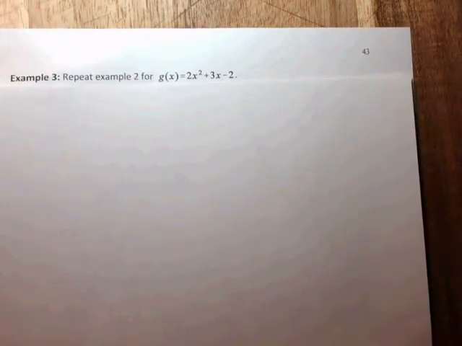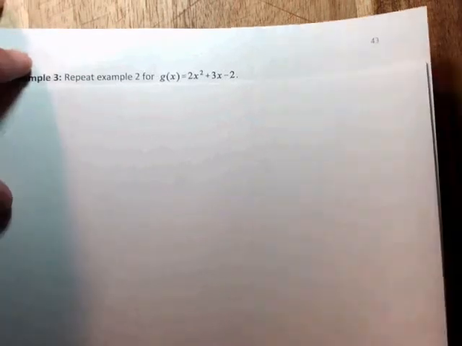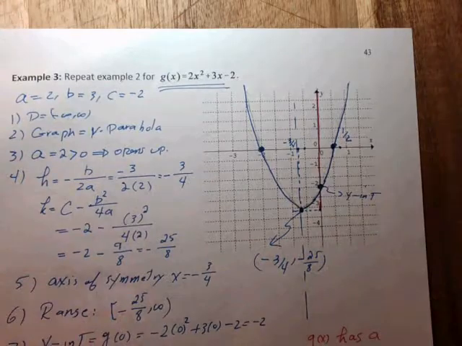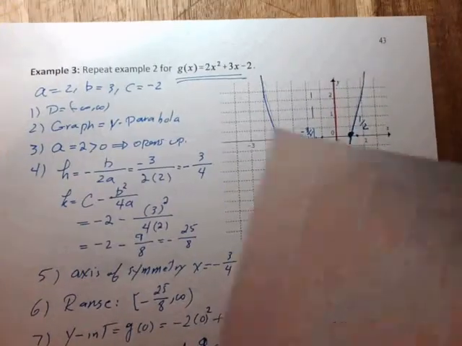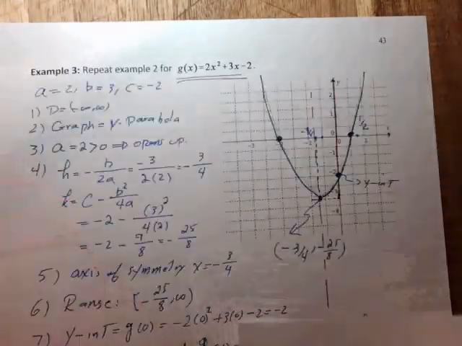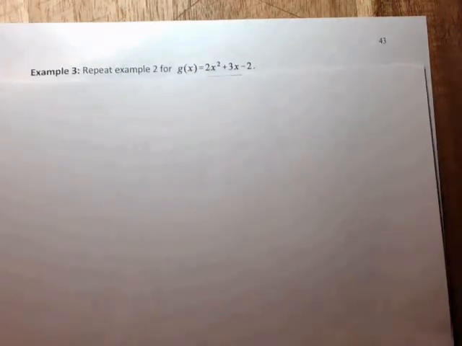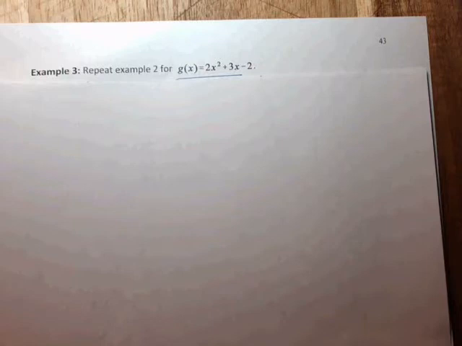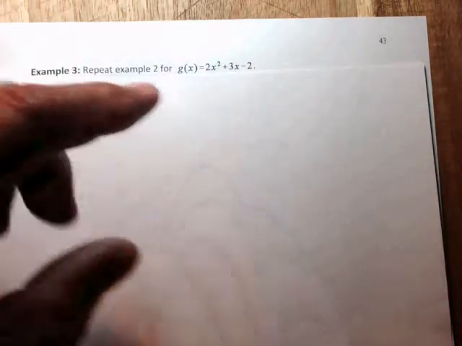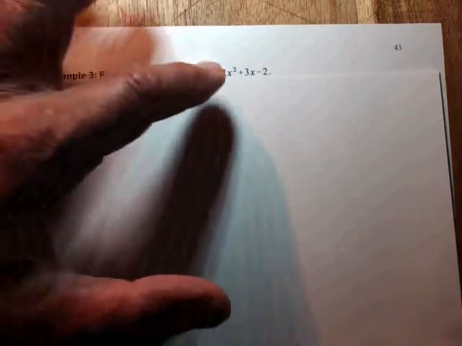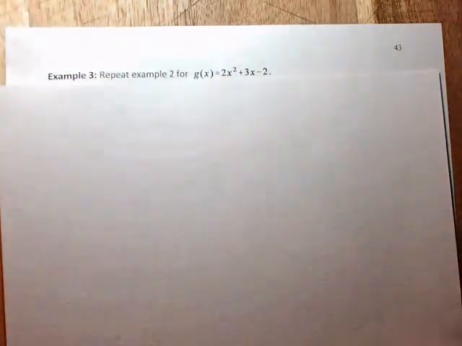So I don't have a blank copy to redo it. So I'm going to go through it carefully and show you what I've done. We're going to repeat this example, doing those 8 items for this function.